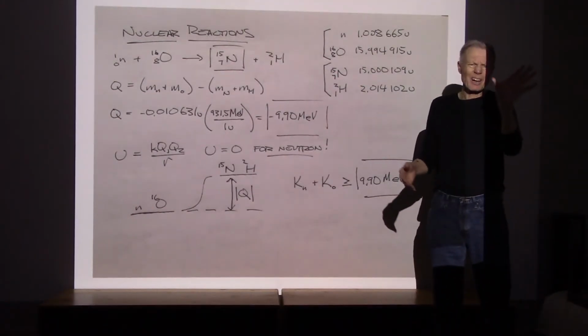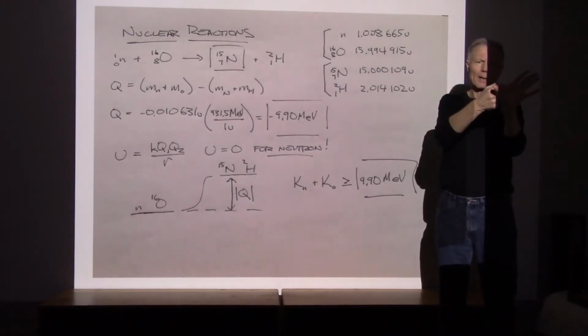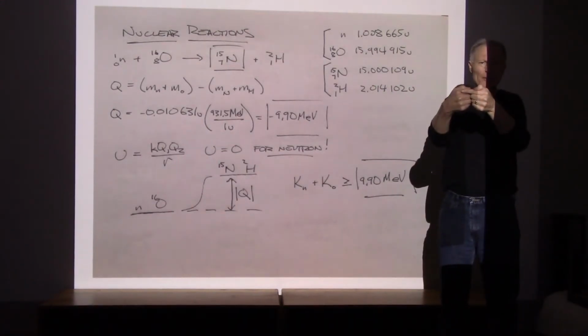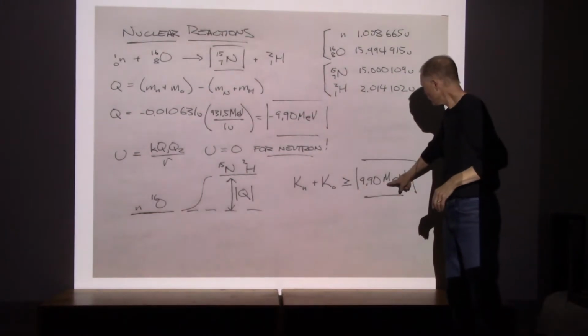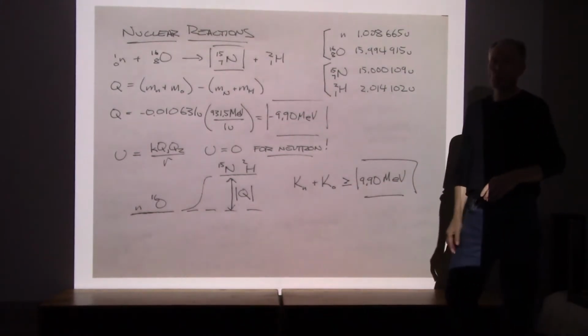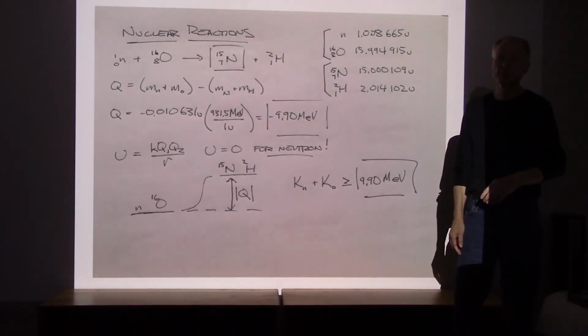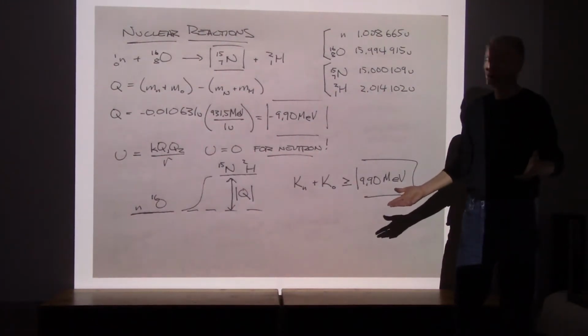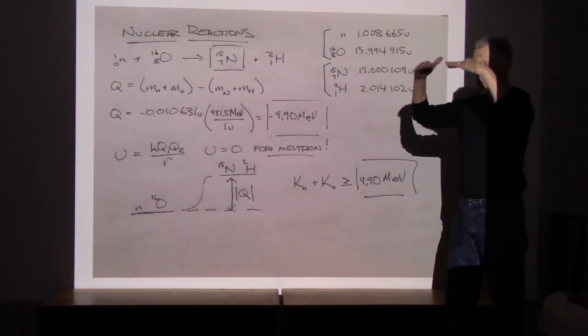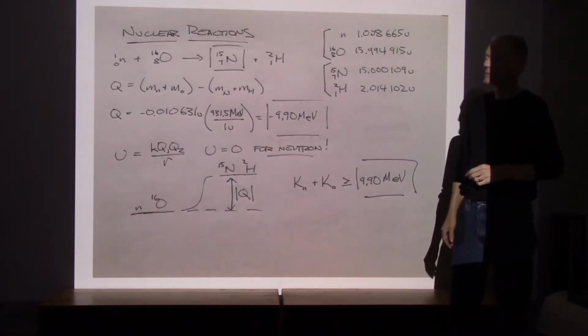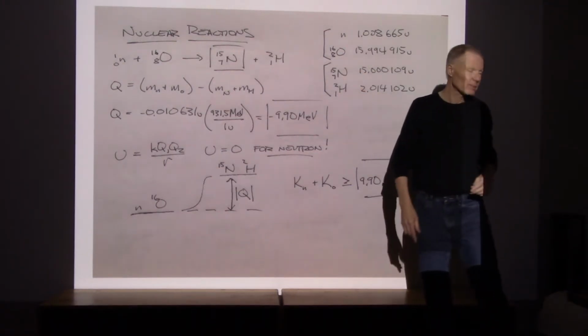We could have the oxygen sitting there at rest and the neutron come in, or we could have them both headed towards each other. But the threshold energy in this case is 9.90 MeV. So that's a lot, and it's entirely due to creating that extra mass that we have on the side of the products.